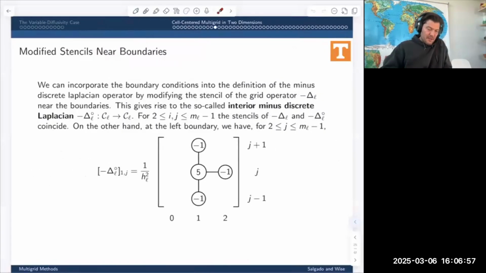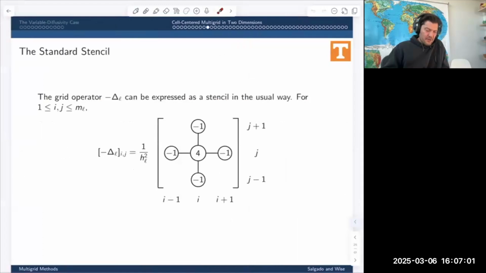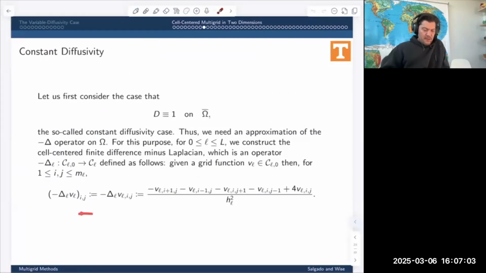So we were talking last time about the stencils. We first started out with the description of the Laplacian, or the discrete minus Laplacian operator in the cell-centered finite difference case. This comes about from our model equation whenever the diffusion coefficient is exactly 1, or constant.